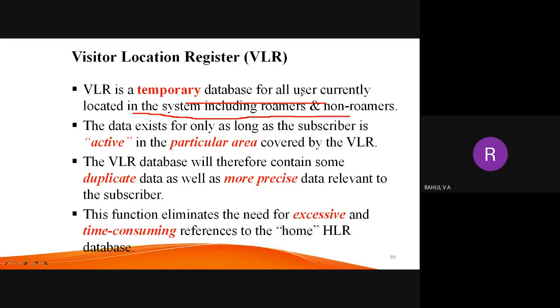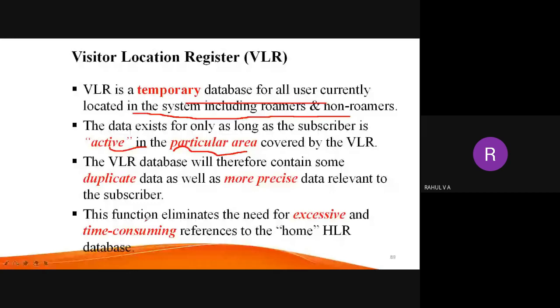Okay, this data exists only as long as the subscriber is active in the particular area. Because its location is also important, depending on the area, it will update the visitor location register. Okay, what is the use of that?